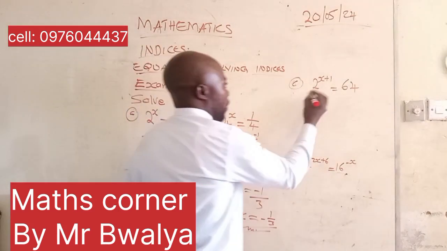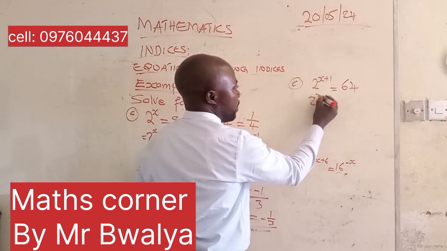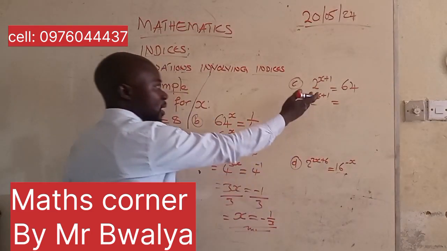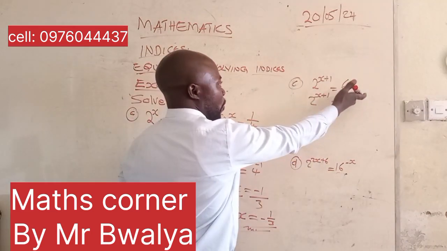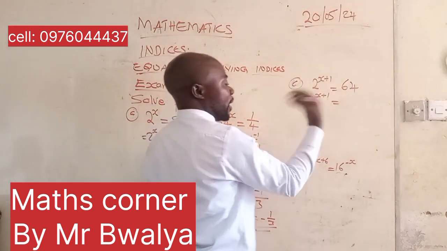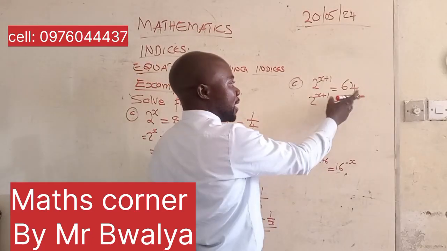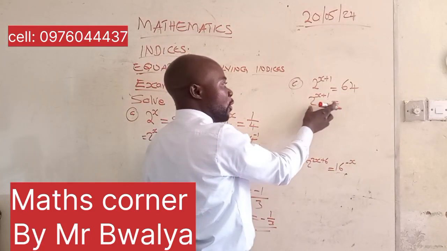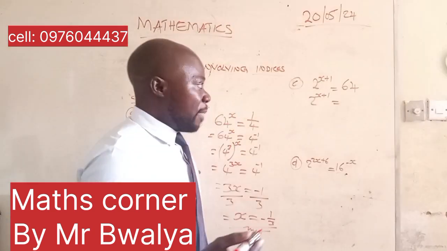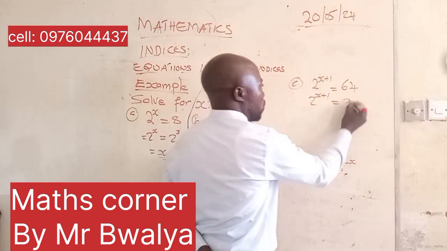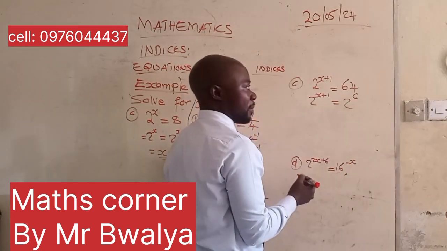So we write it the way it is: 2 to the power x plus 1 is equal to 64. Remember what I said, we need to equate to have the same bases. We can go step by step. If we multiply 2 by itself 6 times, it gives us 64.